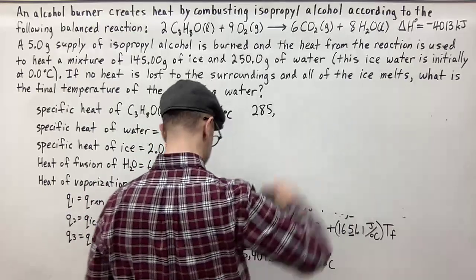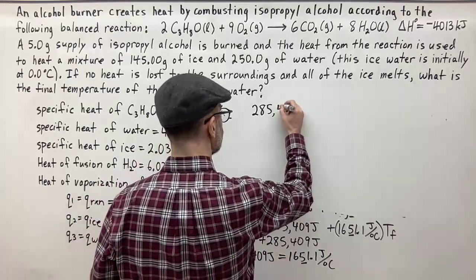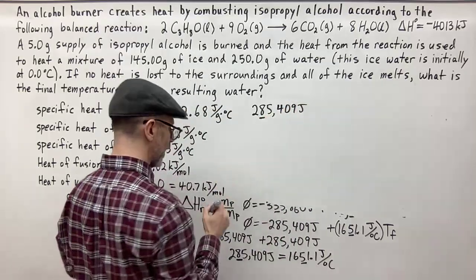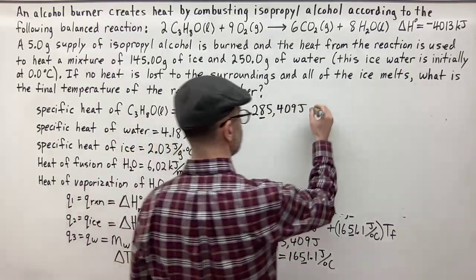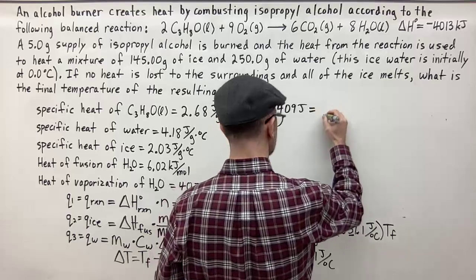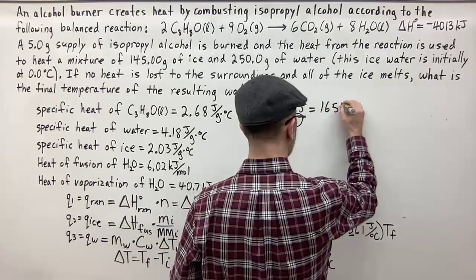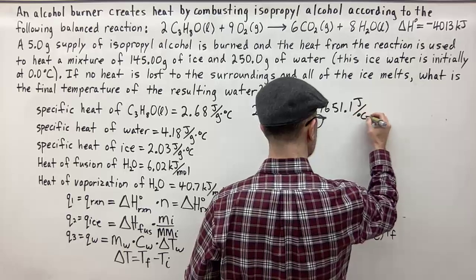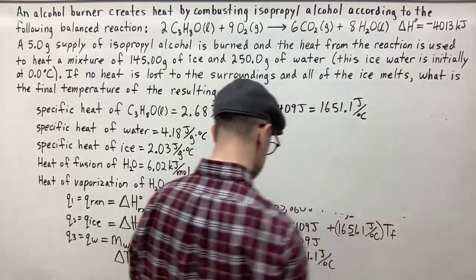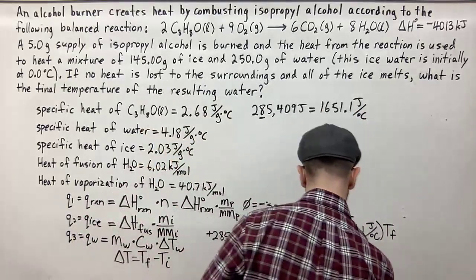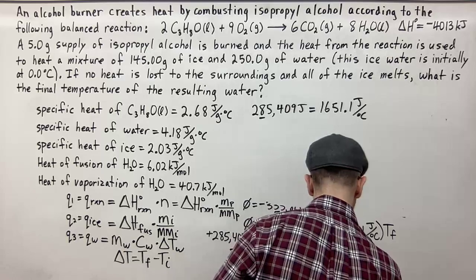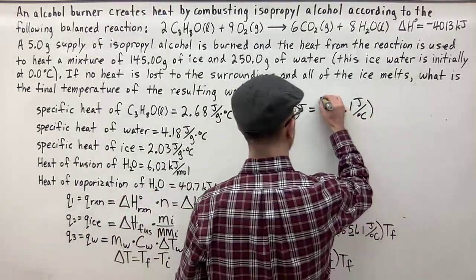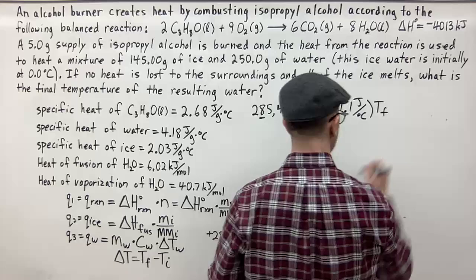Don't want to transpose numbers here. 409 joules. Again, the 8 is the last digit of significance, is equal to 1,651.1 joules per degree Celsius. And, oops, I forgot, this is going to be multiplied by TF, multiplied by the final temperature.